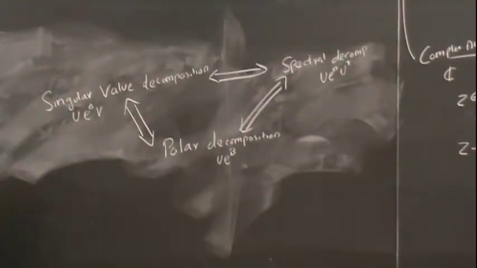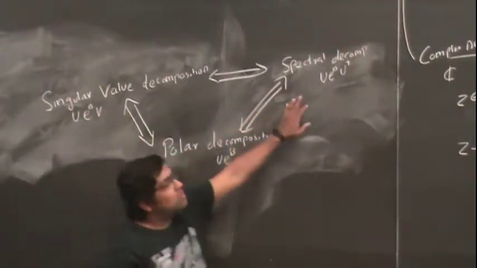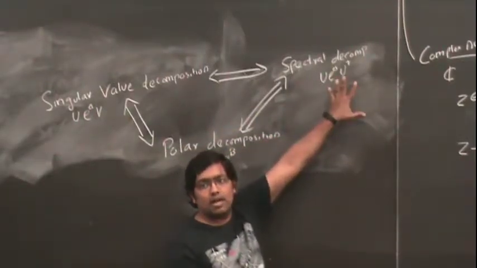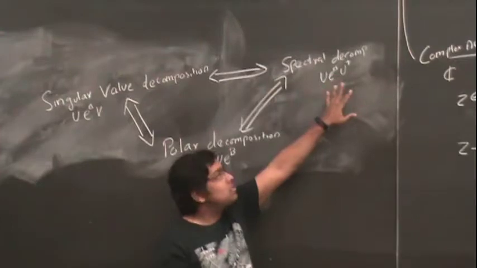Right, so once again, in singular value decomposition, you know that a matrix can be written as u e to the delta v, where delta is diagonal. In spectral decomposition, any Hermitian matrix can be diagonalized by unitaries.